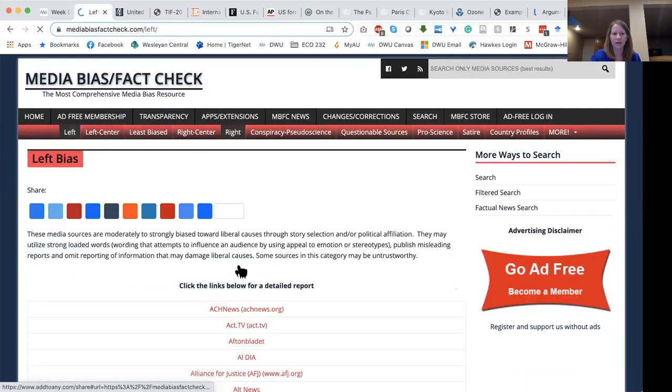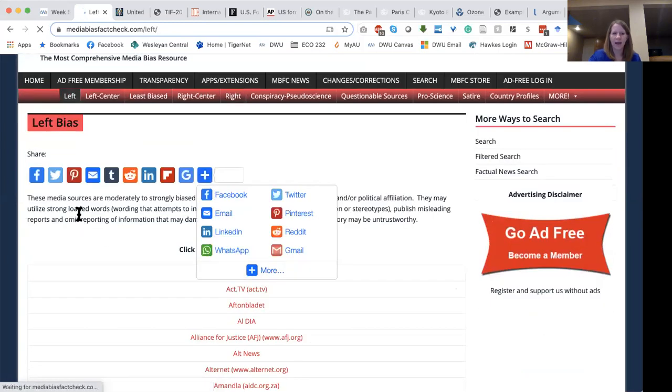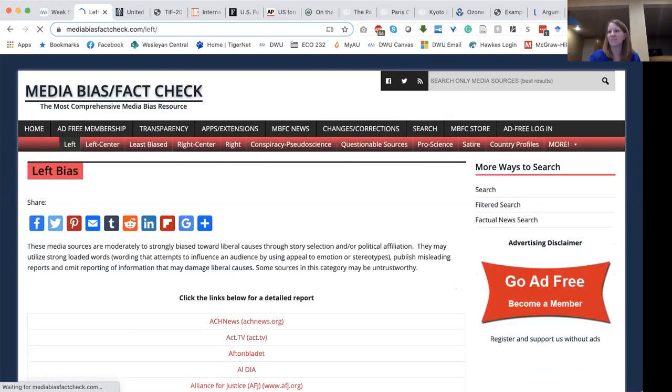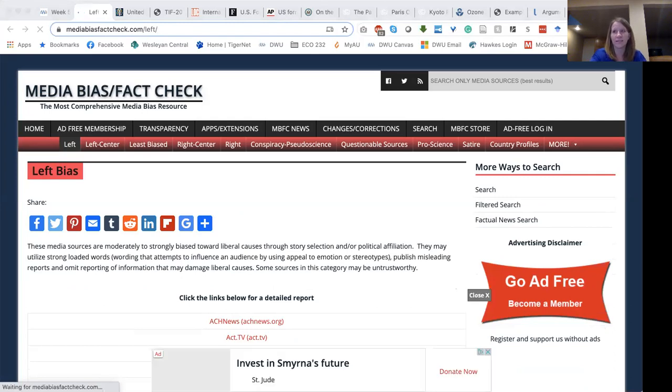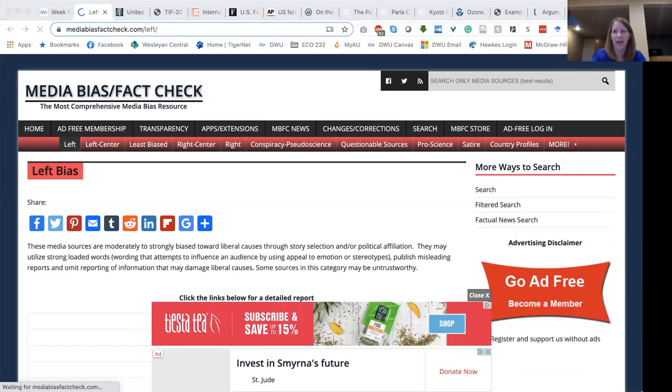There's a few other media bias websites that you can check. These ones are just ones that I use a lot, just because it's one way I help myself make sure that I'm not looking at, or if I am looking at something that's really biased, I can know to take it with a grain of salt.